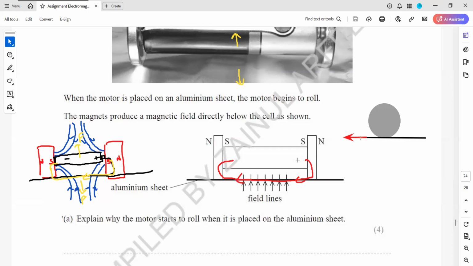Because of the current, there is a force on the aluminium sheet, and as a result, an equal and opposite force will be applied on this motor, what we are calling the motor, this whole thing. So an equal and opposite force will be there on this, and that is causing the motion of this motor. Is it clear, this one?